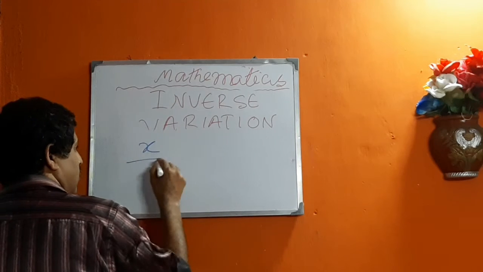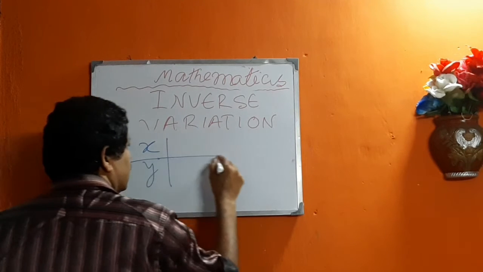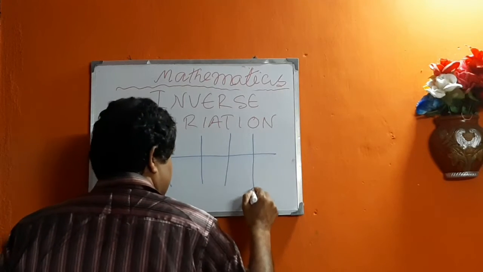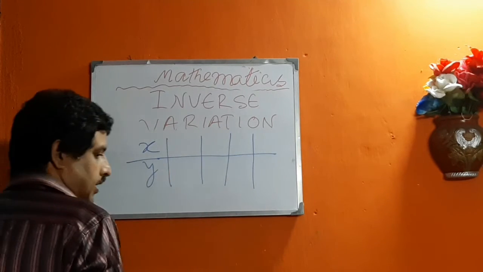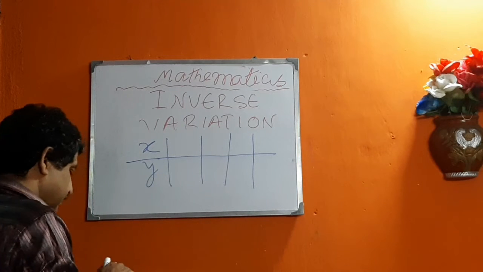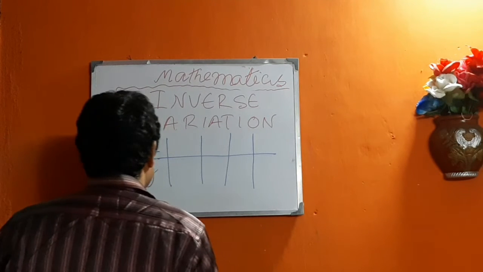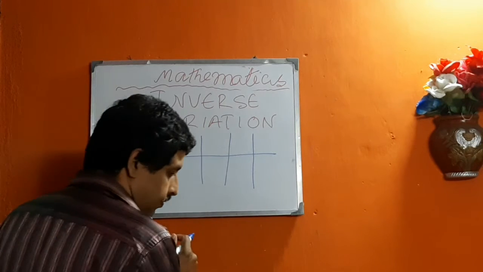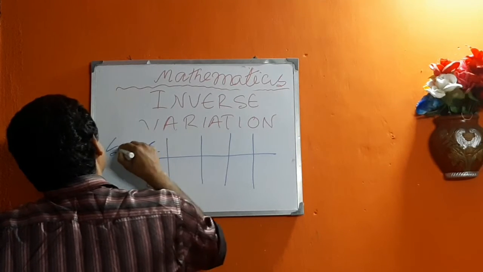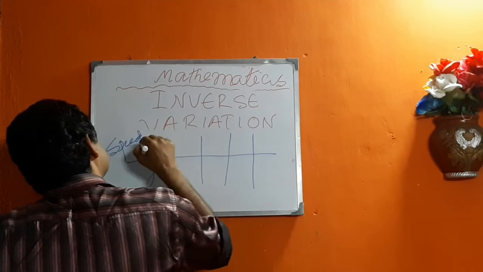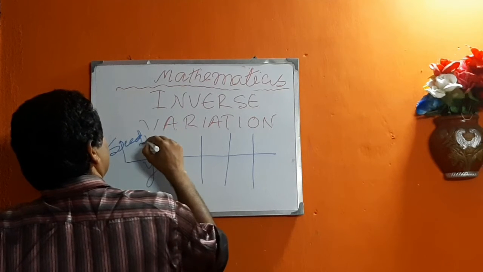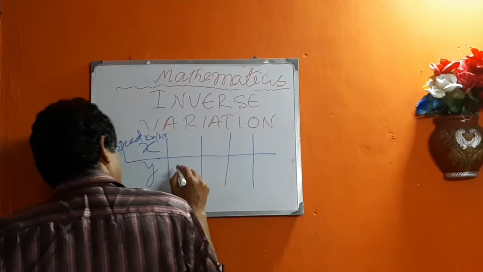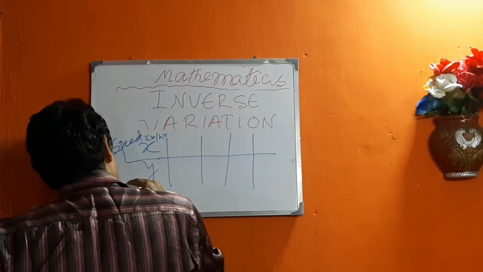In tabular form, suppose x is speed in kilometers per hour, and this is time taken.